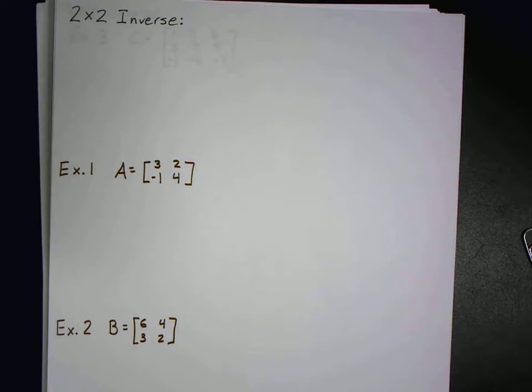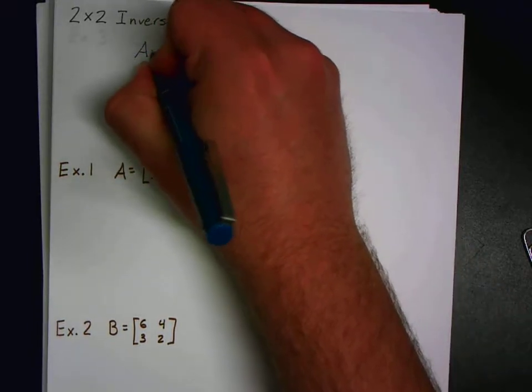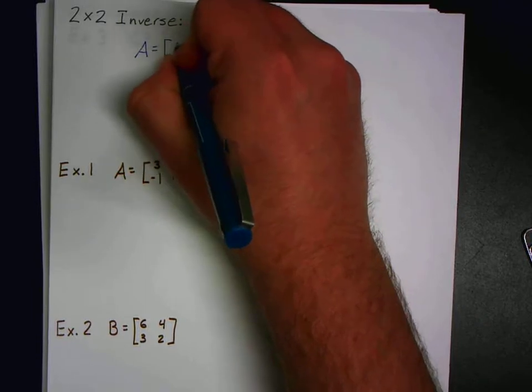So now we have to talk about how to find inverses. The 2 by 2 inverse, there's kind of a shortcut way of doing it. So let's say that we had matrix A that looks like this.